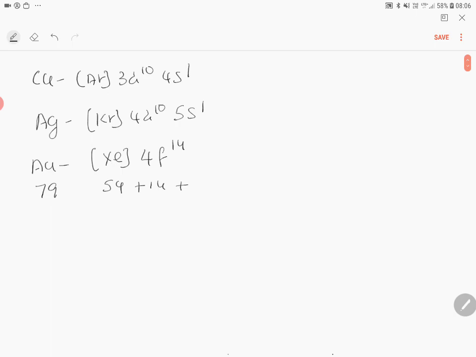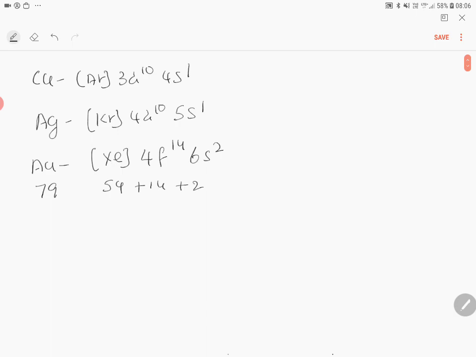And another 11 electrons have to be filled. 6s2 will be filled, the 6s orbital will be filled, so another 2 electrons you are filling.